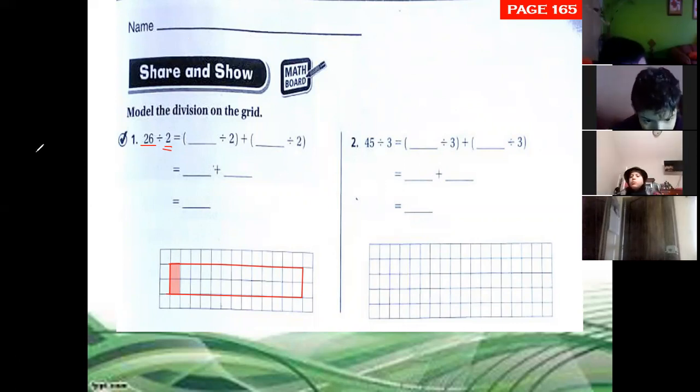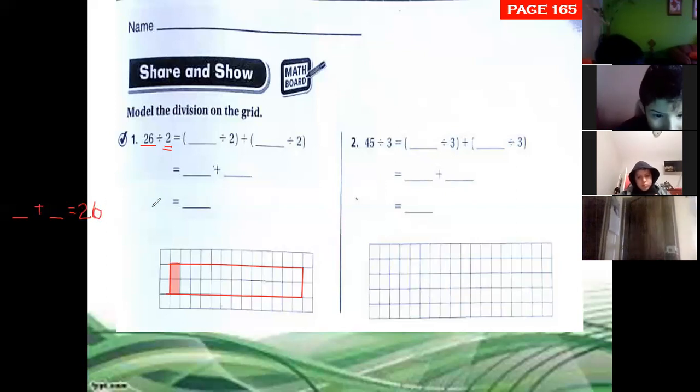Remember that that one is an addition. So this number plus this number equals 26. What numbers?